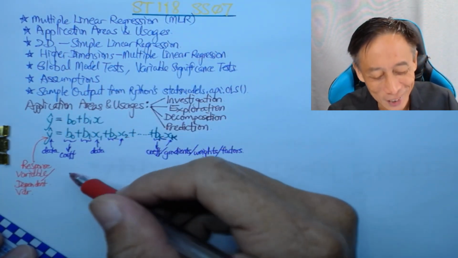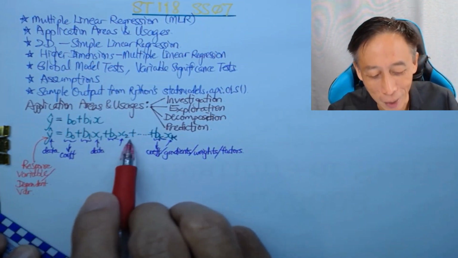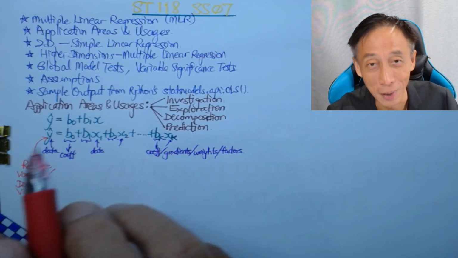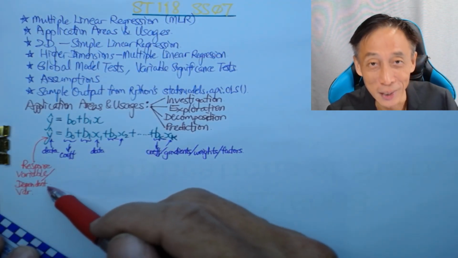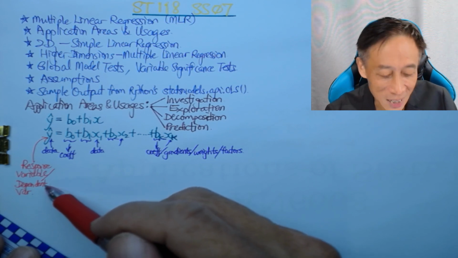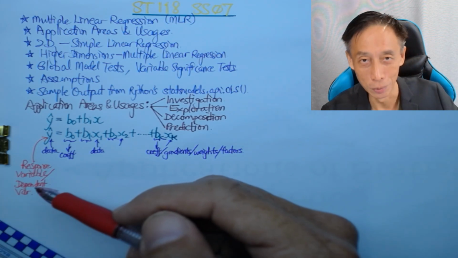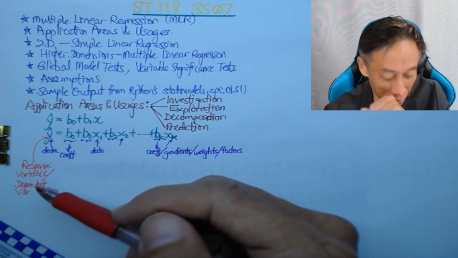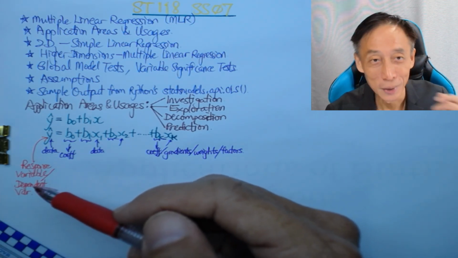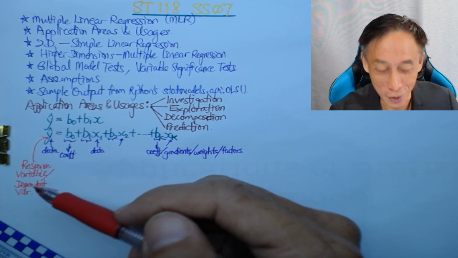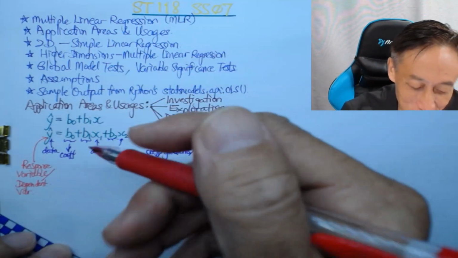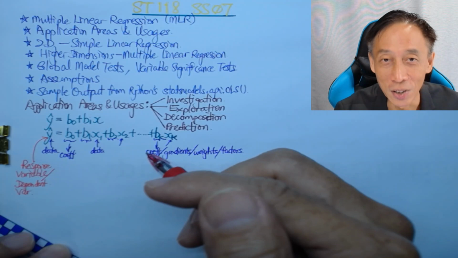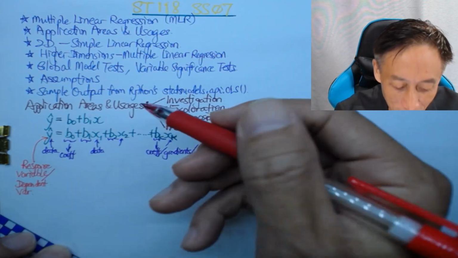Because yes, y is going to be dependent on x1, x2 until xk, but we keep this word dependence to contrast it with independence. And independence has a very strict definition, right? So it's just confusing to start calling this a dependent variable.